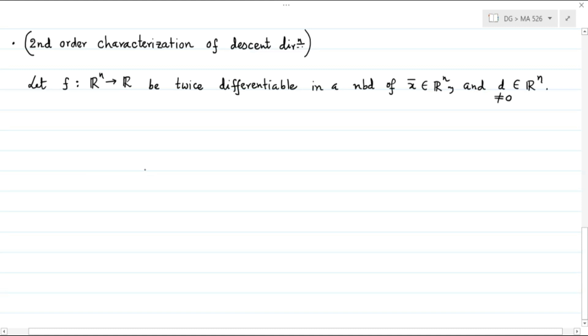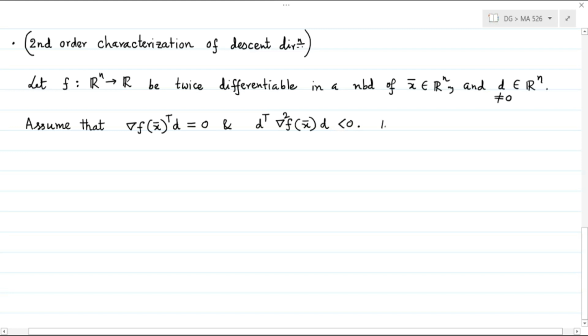Anyway, so assume that the directional derivative of the function along the direction d is equal to 0, and you have the Hessian at x bar for which d transpose Hessian d is less than 0.